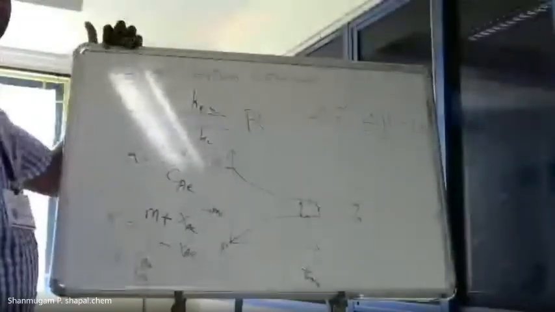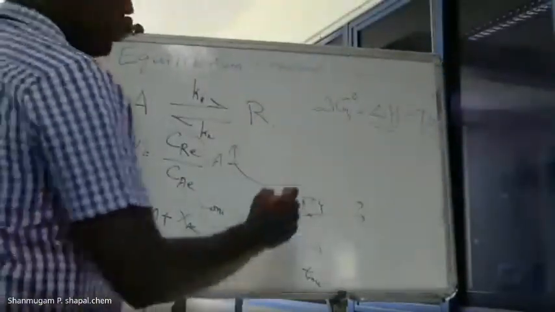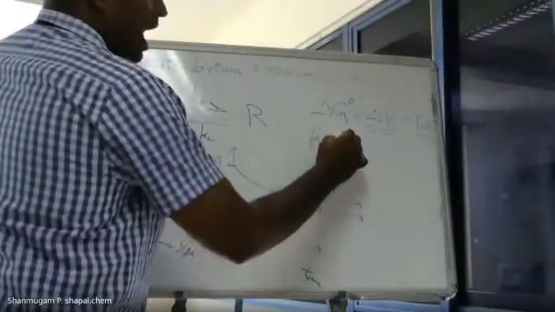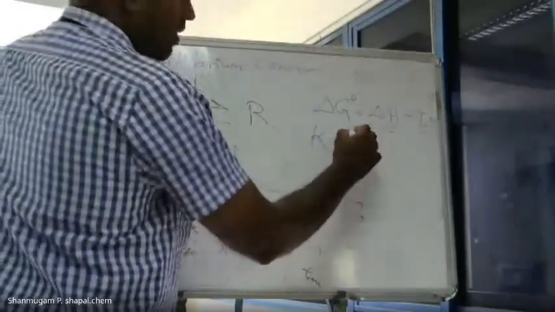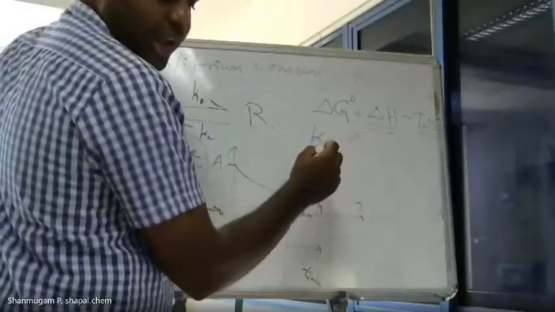If you are doing this particular calculation, you might have studied it in your thermodynamics, that you have written K here. K equal to the activity of the product over the activity of the reactant.